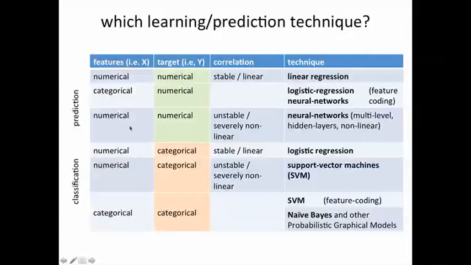And let's look at the problem and see which kind of techniques one would need to consider depending on the nature of the problem. We classify the problem in terms of the kind of features it has, whether they are numerical or categorical, that means numbers or classes, and the target variable, which is what we're trying to predict. We might be predicting a value, then it becomes a prediction problem where the value is numerical.